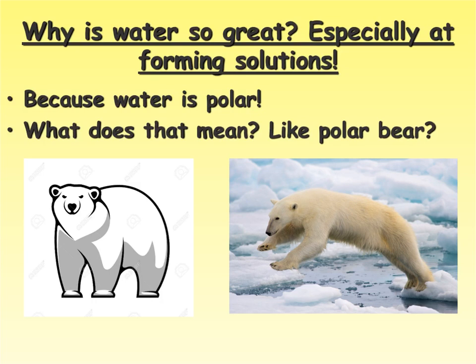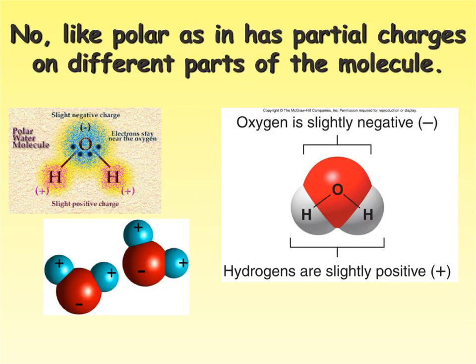So why is water so great at forming solutions? It's because water is polar. No, not like polar bear, like polar molecule. So polar means that the molecule has partial charges on different parts of the molecule.